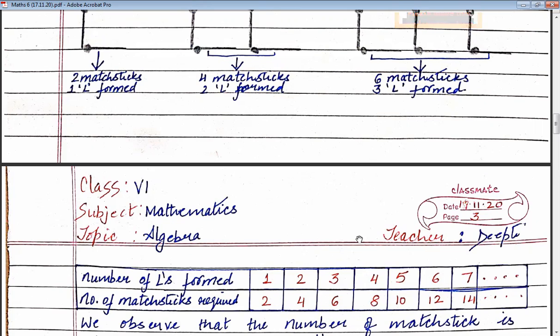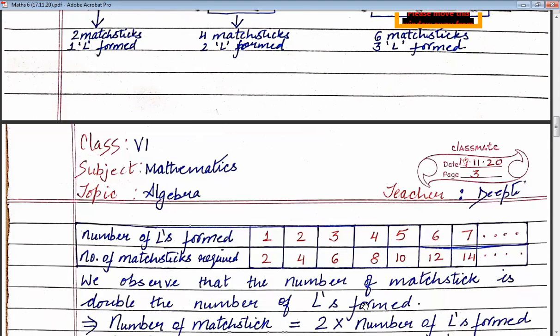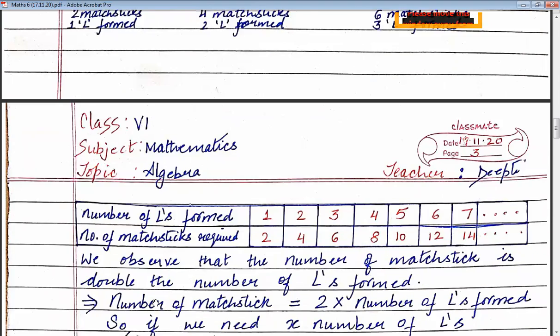So children, can you see some pattern in this? Look carefully. For 1, we need 2. For 2, we need 4. For 3 Ls, we need 6 matchsticks. For 4, we need 8. Can you figure it out that the number of matchsticks required is equal to double of L formed?